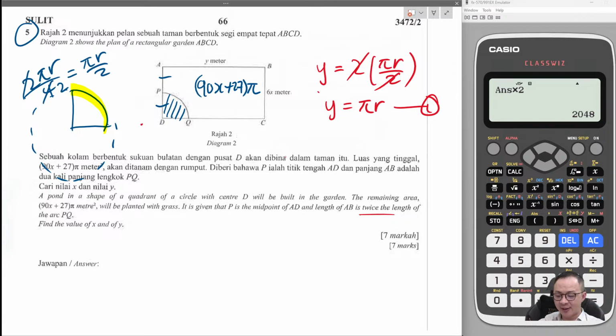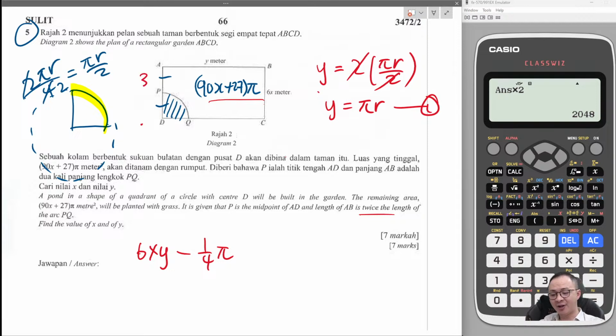Then they asked me to find the value of x and y. Basically, we need to form an equation using the area given. To get this area, I take the rectangle, 6x multiplied by y, minus 1 over 4 of pi r squared.